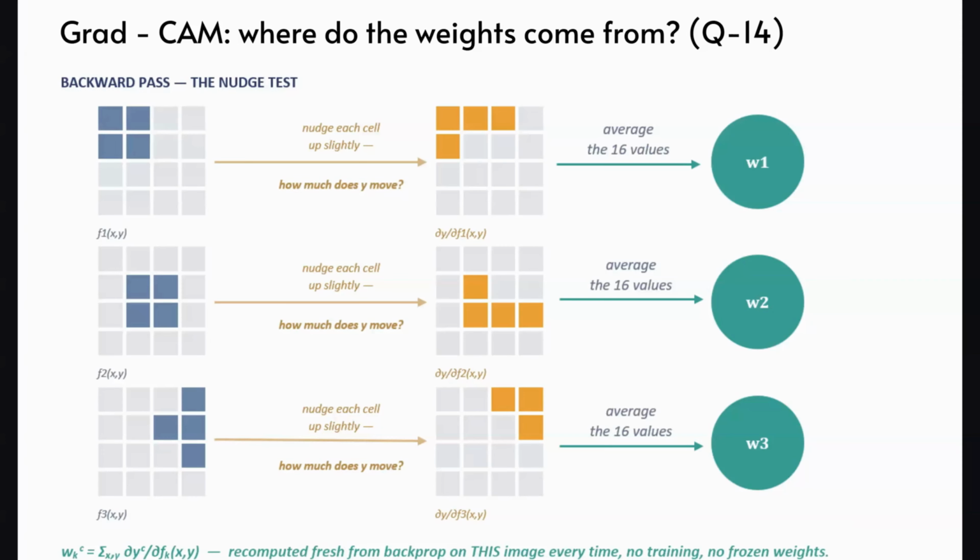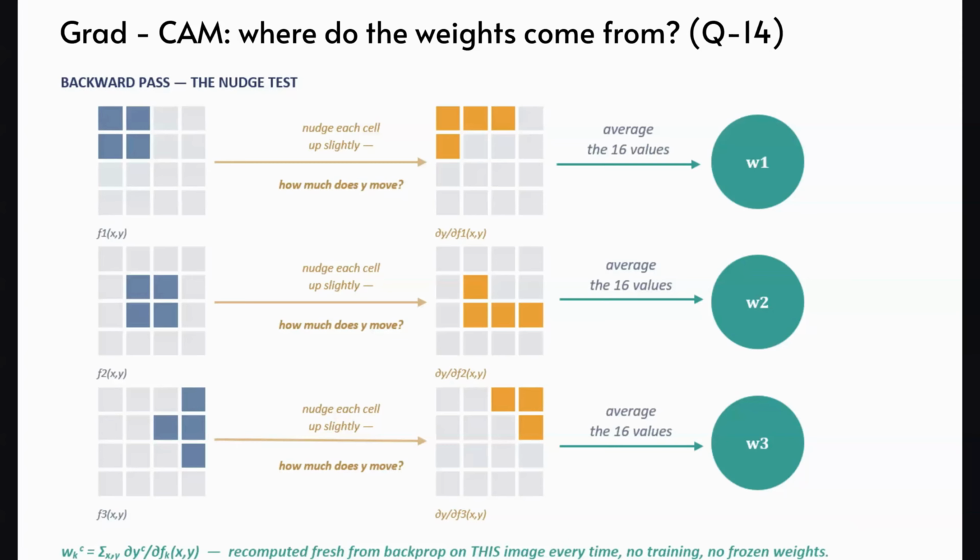You get that, at least the intuition? So it works on the sensitivity of the activations, and that sensitivity is basically what we call gradients: how much nudging something changes something.